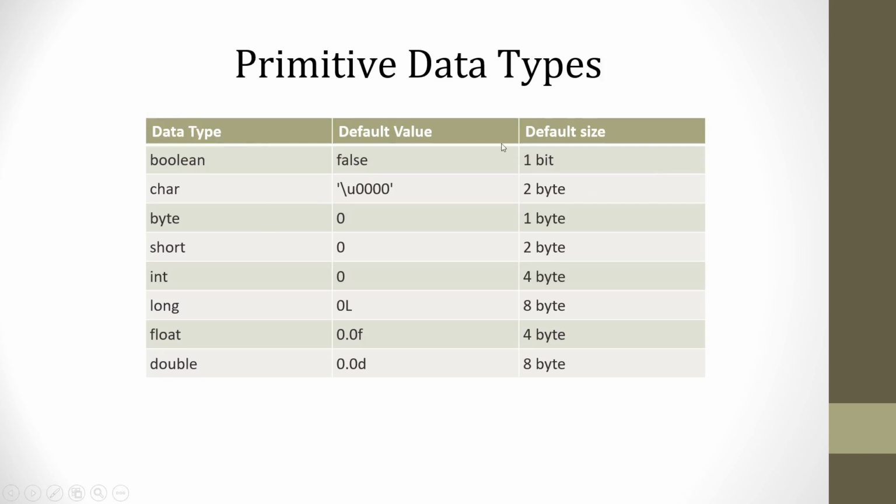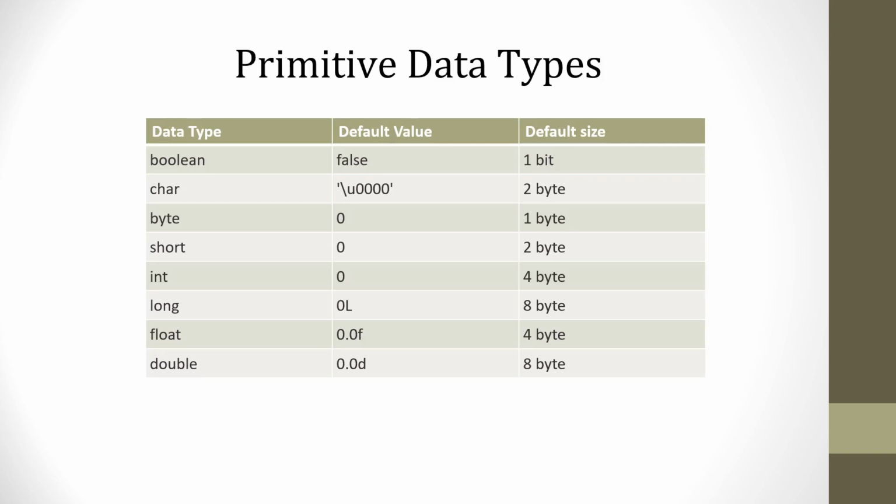Here is a table of the different primitive data types with their default values and default sizes. You can see all the 8 data types with their default values. The first is boolean. Boolean is used when we have flag kind of conditions, and its possible values are true or false.